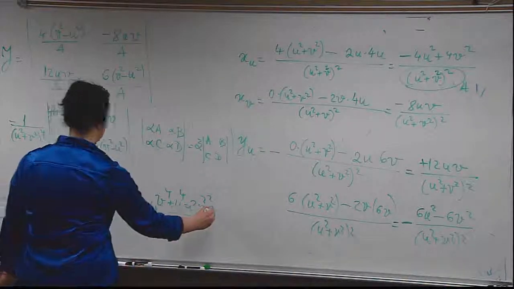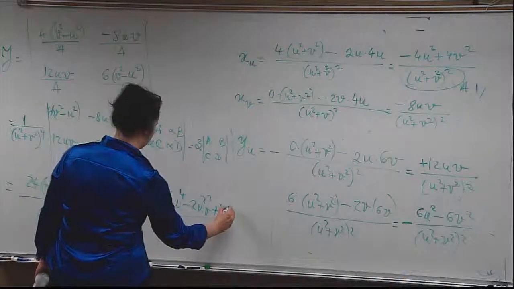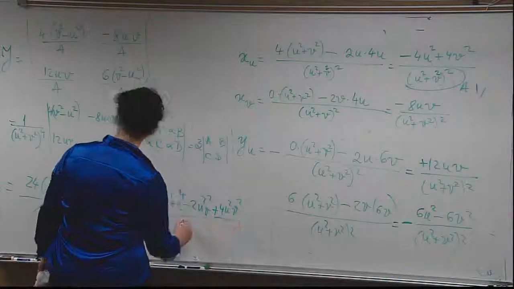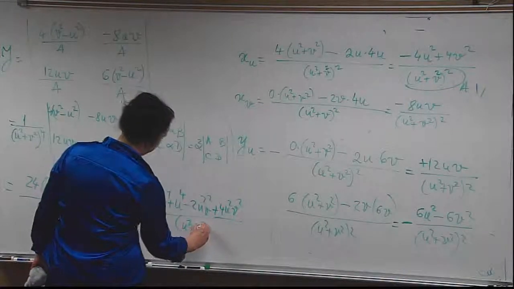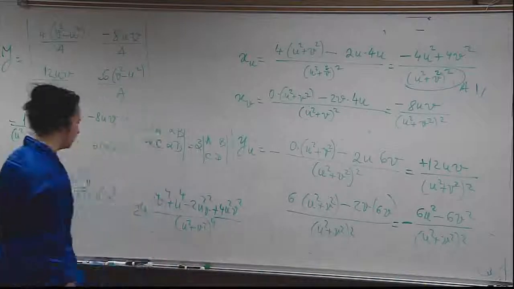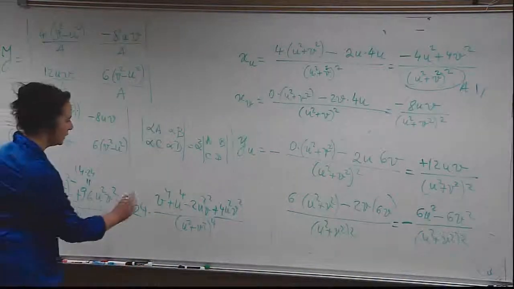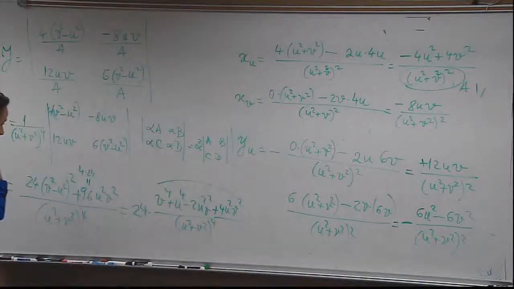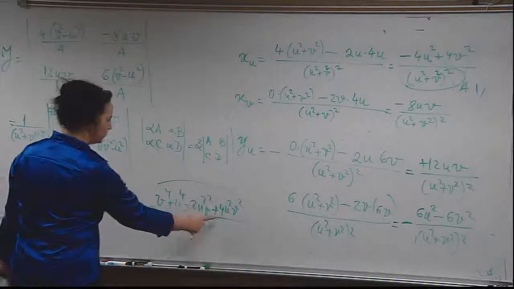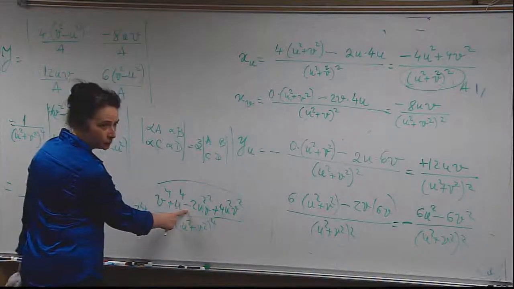So I will put it down. 4 u squared v squared over there. It looks symmetric, but that's okay. It's not so bad. So can you write this better? Look at it. What does it look like? Do you like it? There is a 3. The 4 and the 2, 4 minus 2 is a plus 2.